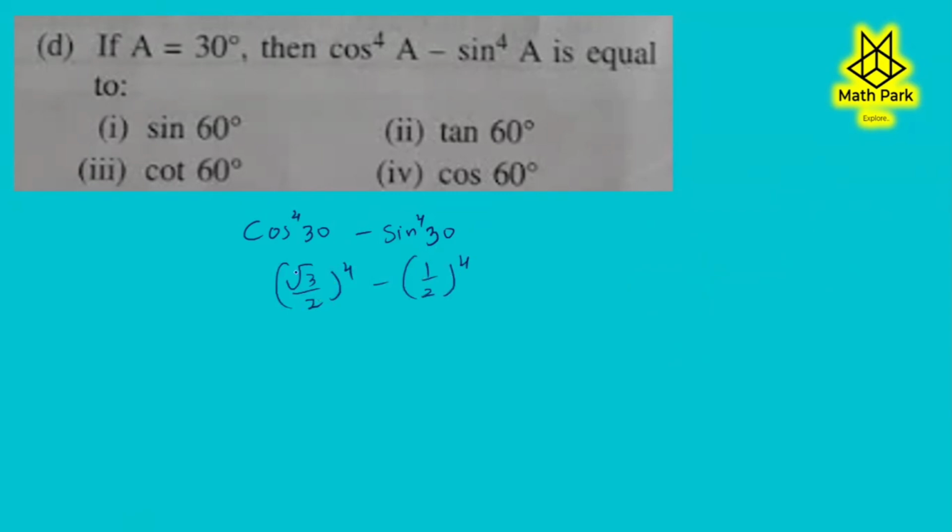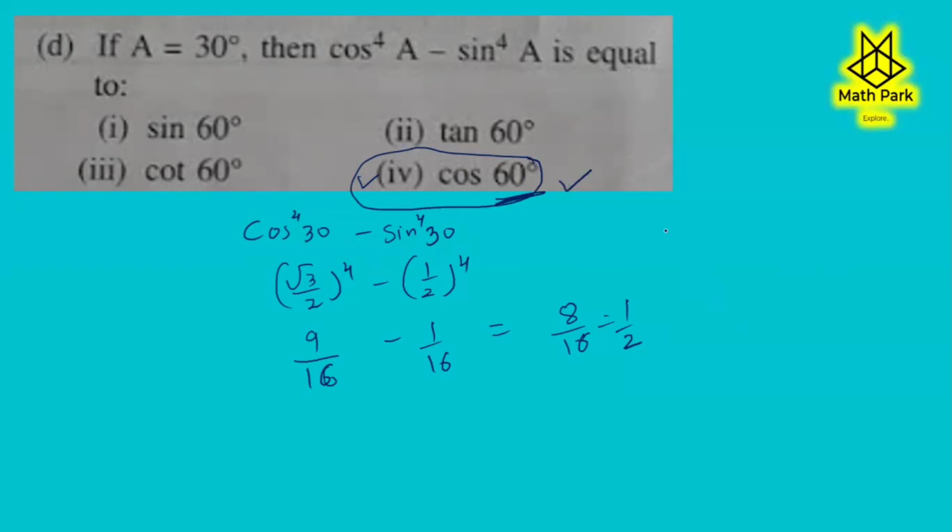Root 3 to the power 4 is going to be 3 threes are 9 upon 16, since 2 to the power 4 is 16, minus 1 upon 16. So which is equal to 9 minus 1, that is 8 upon 16, that is equal to half. Now what value is half here? We know that cos 60 degrees is equal to half. That is how the correct option is cos 60 degrees.